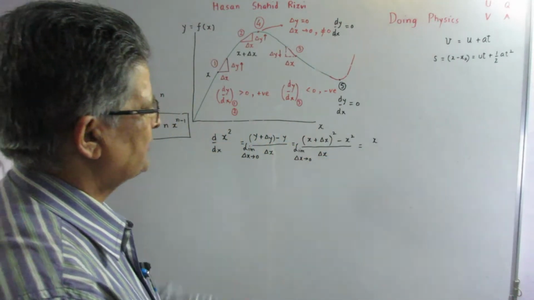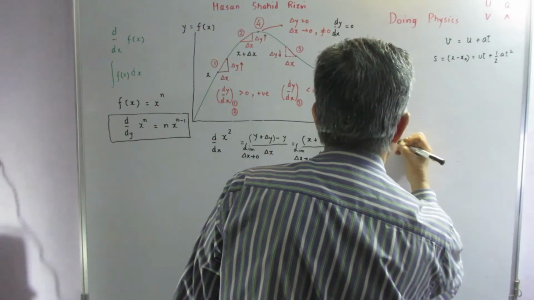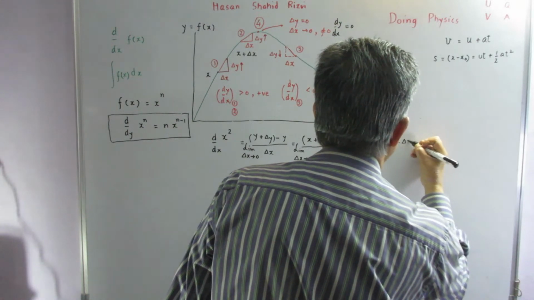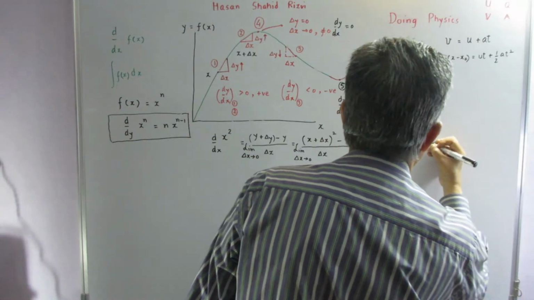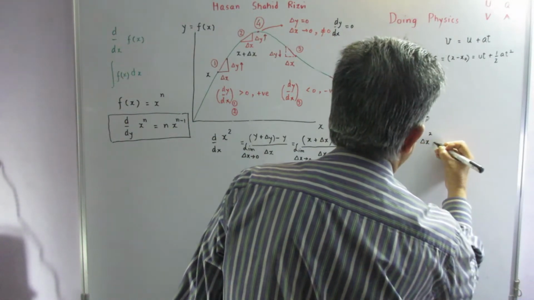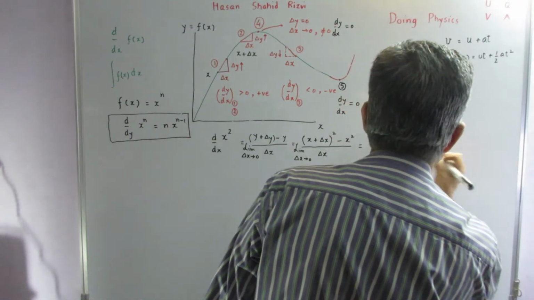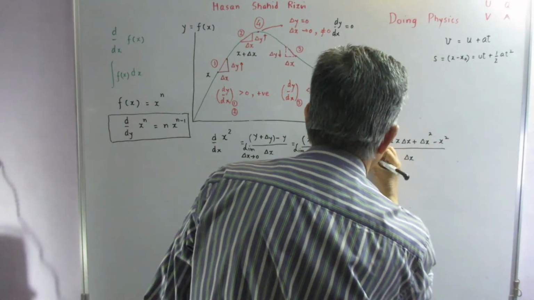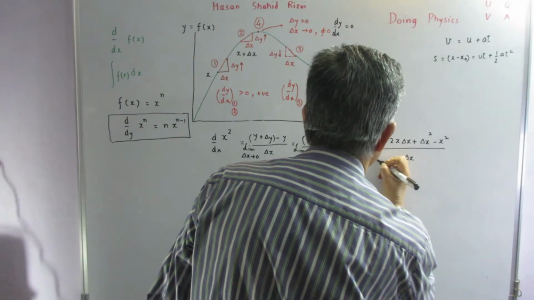And let me expand. So this is x square plus 2x delta x plus delta x whole square minus x square divided by delta x, limit delta x tends to 0.